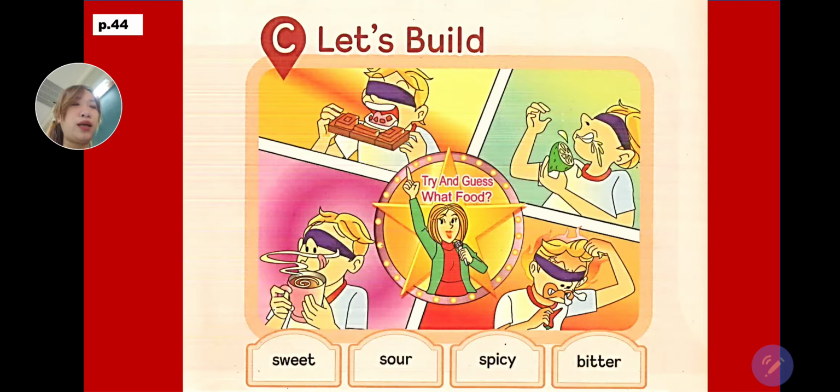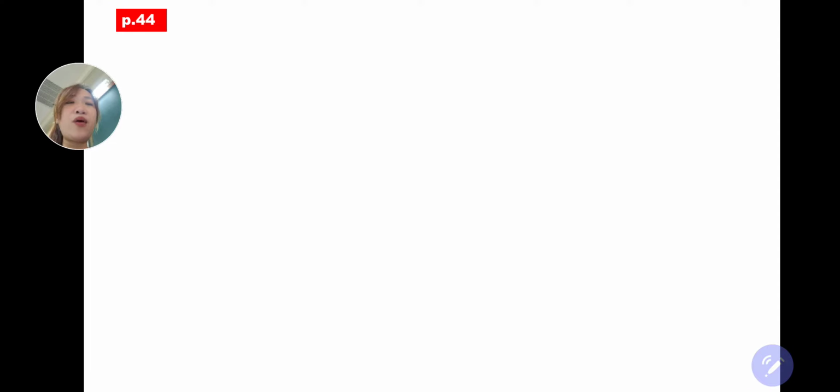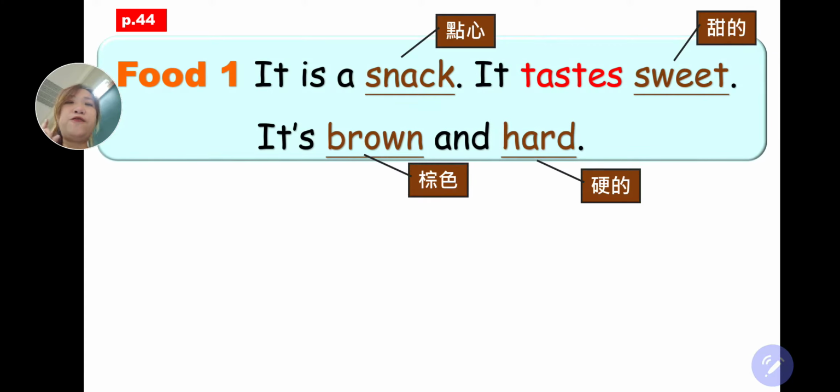OK now so let's move on to our story. Okay, now let's guess number one. Food one. 猜猜看哦 Food one. It is a snack. 它是一个点心。It tastes sweet. 它尝起来是甜甜的。It's brown. 它是棕色咖啡色的。And hard.